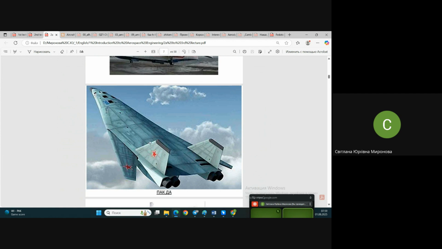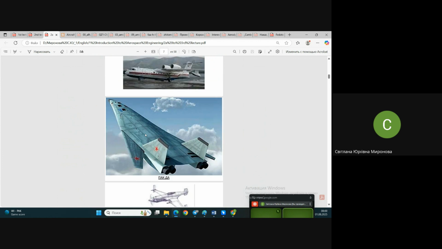And that one, in my opinion, is subsonic. It's a bomber, and it's a so-called front bomber. It's not for far distances, I would say. And its primary task, of course, is to carry heavy cargo, weapons, bombs, maybe some cruise missiles, something like this.